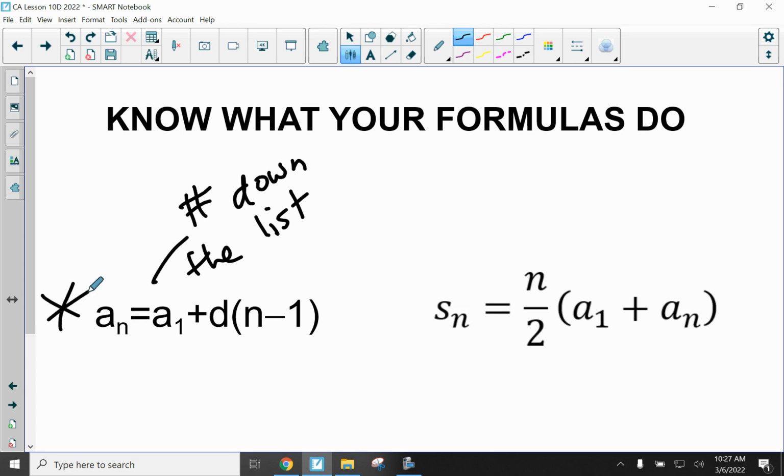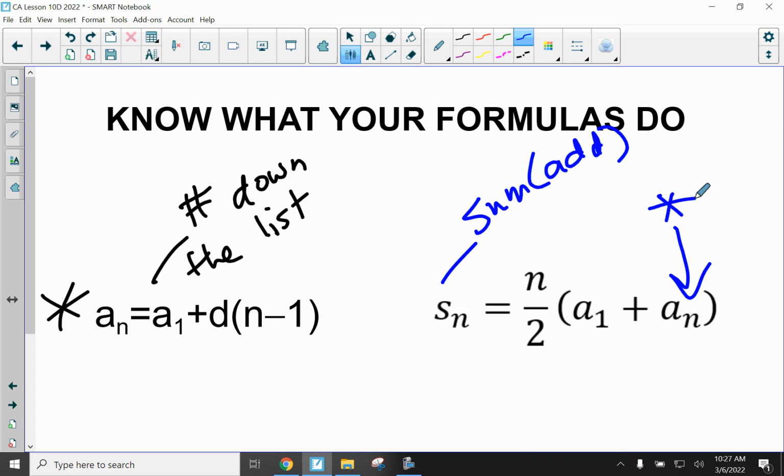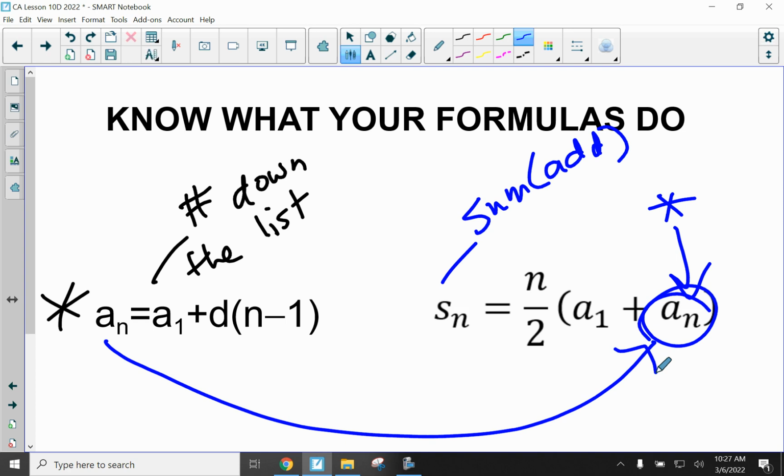The answer to this basically goes right here. And this formula just finds the sum, so that basically means that they're adding up the numbers from that list. But again, a lot of times they don't give you this term right here, so you have to find it by using this formula so you can plug it into this problem.